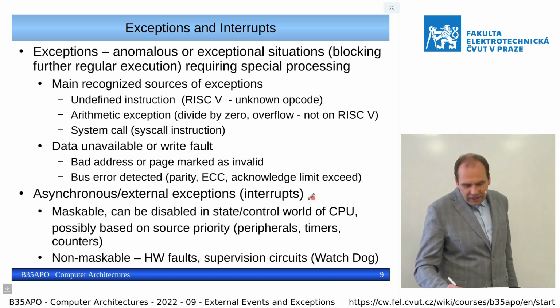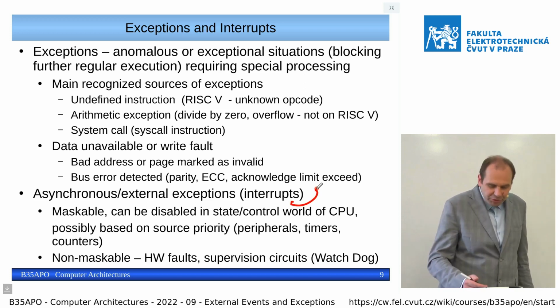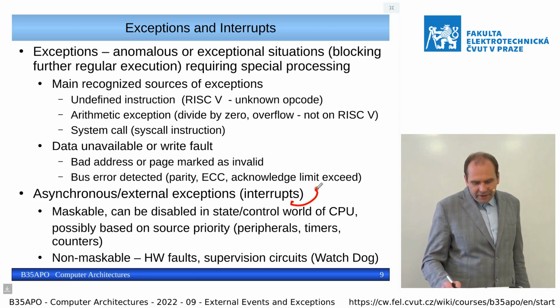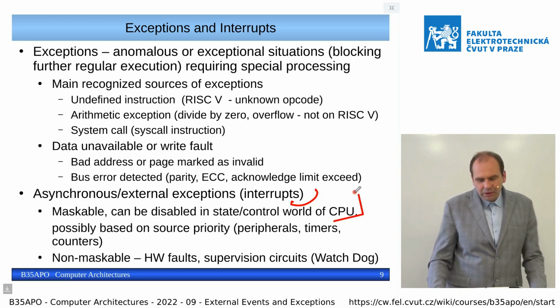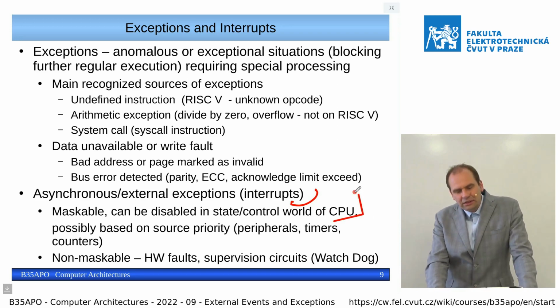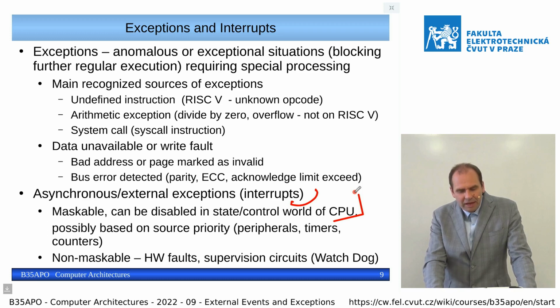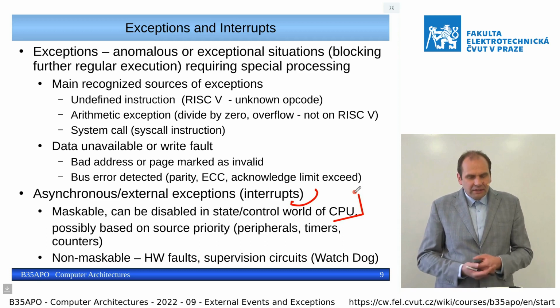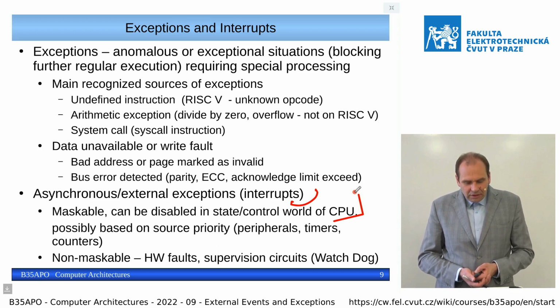And then we have those external exceptions, interrupts, events. And those can be maskable, so this means that the processor and operating system can decide if a given event should be accepted at a given time, or if it should stay only pending and wait till we enable the exception or that source.